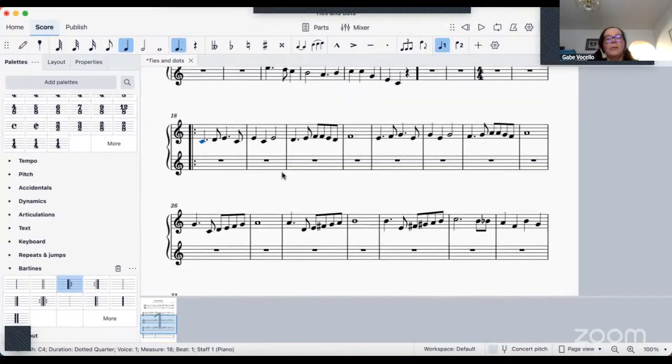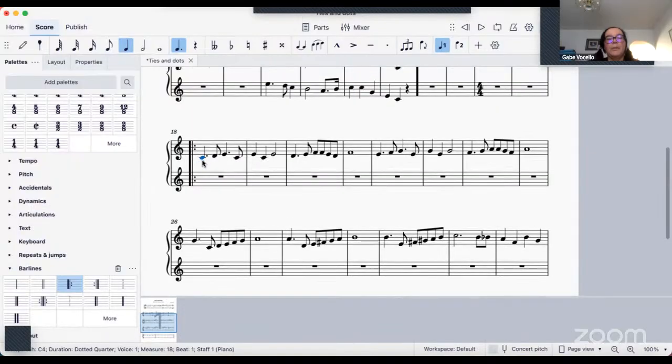Okay, now let's transcribe what the tie is here, okay?